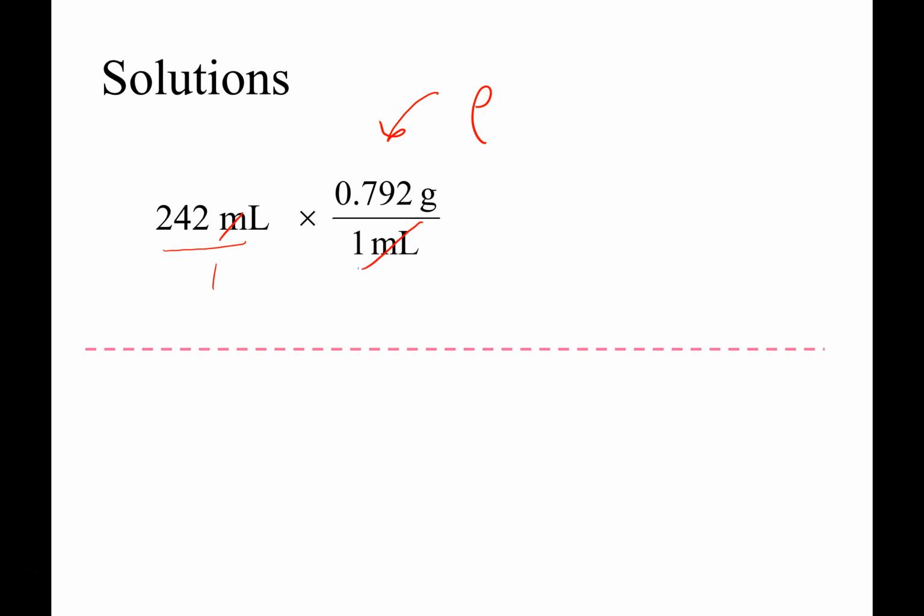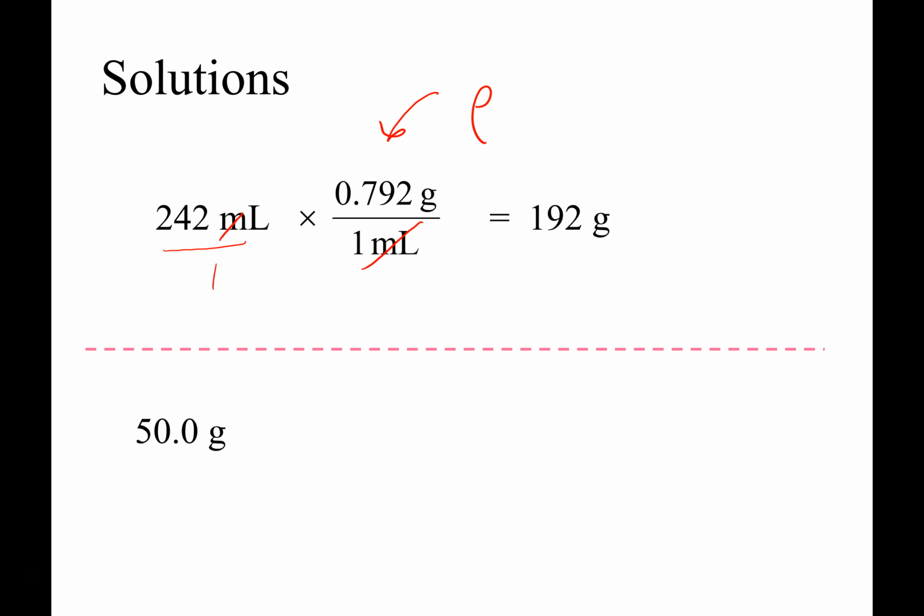Milliliters cancel. How many sig figs? Three sig figs. You got it. So 192 is the number, and the units that didn't cancel were grams. So 192 grams. See how you can use the units that cancel as a check.